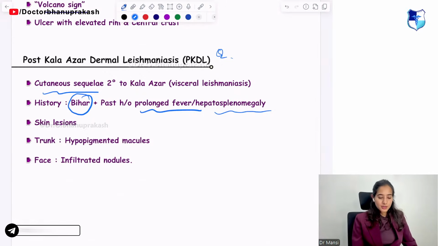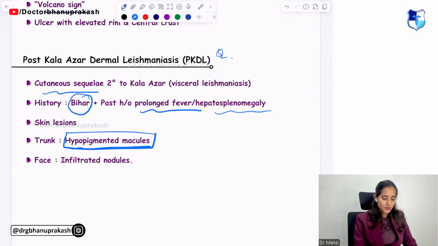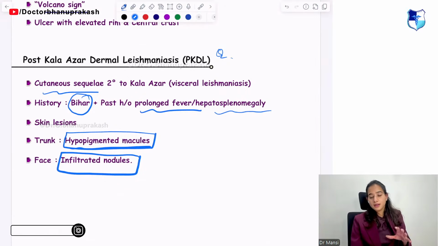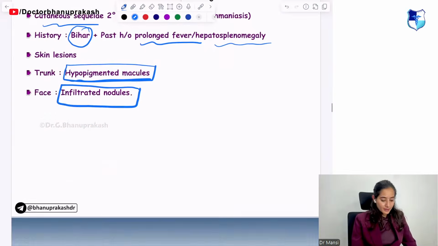Then skin lesions will be of two types: one kind is hypopigmented macules on the trunk and face, and the other is infiltrated nodules. I believe you know what nodules are by now.